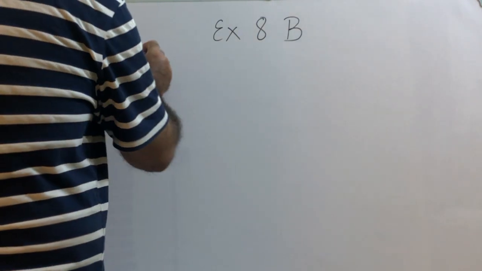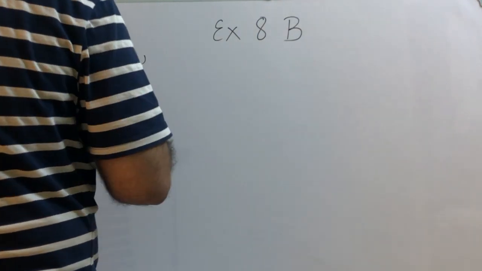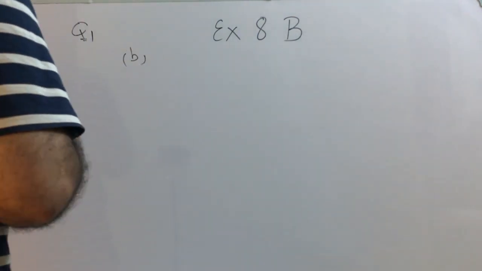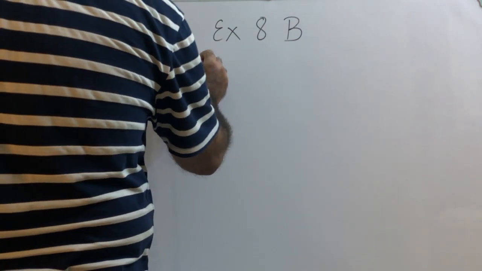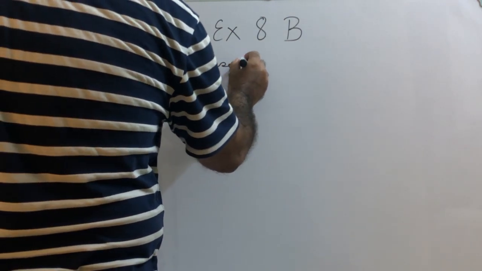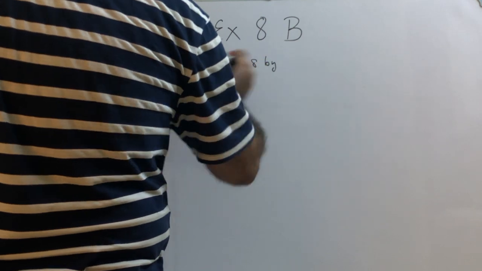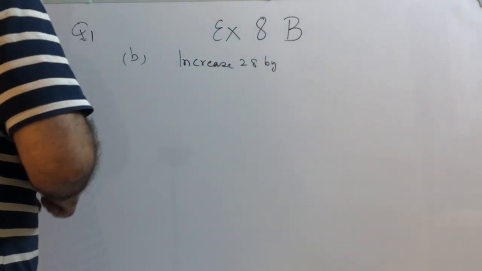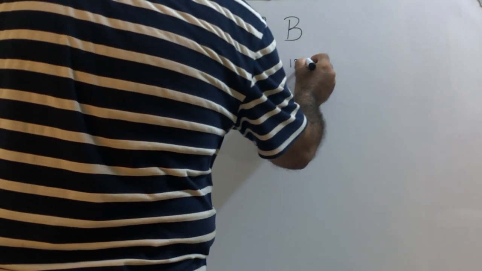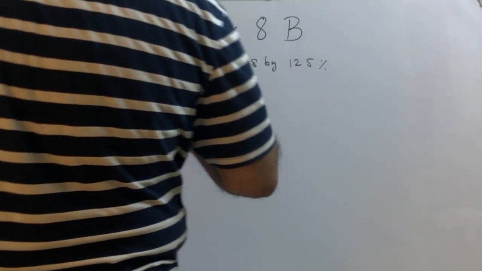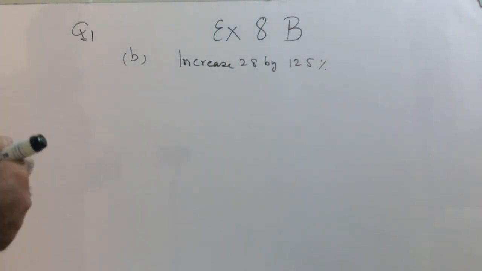Part B is increase 28 by 125%. So we need to increase 28 by 125%.